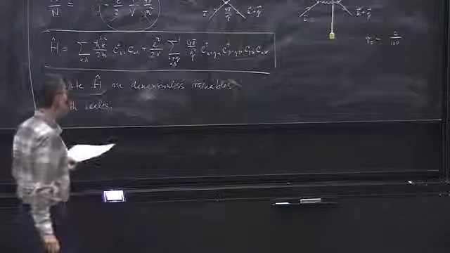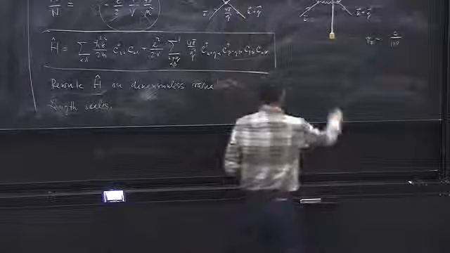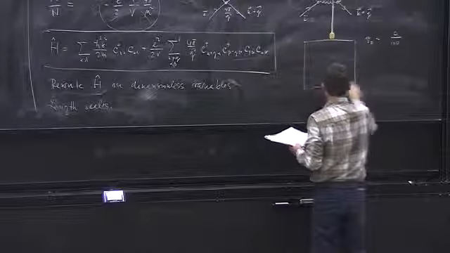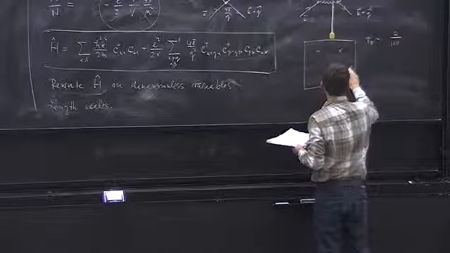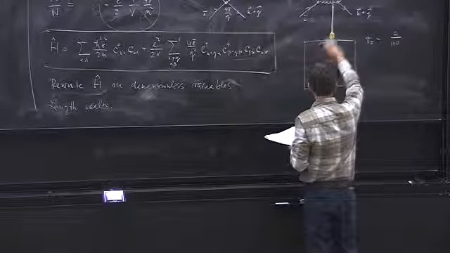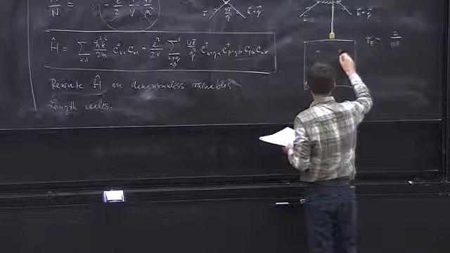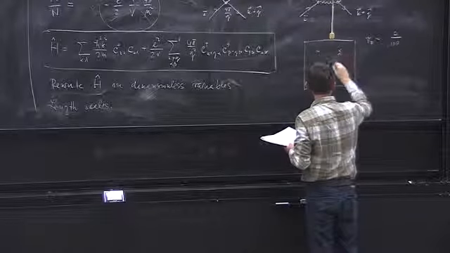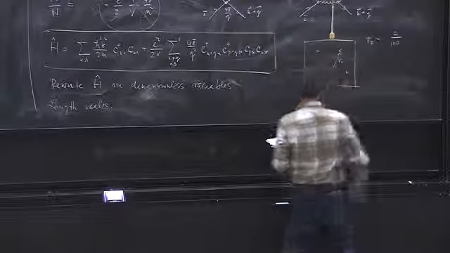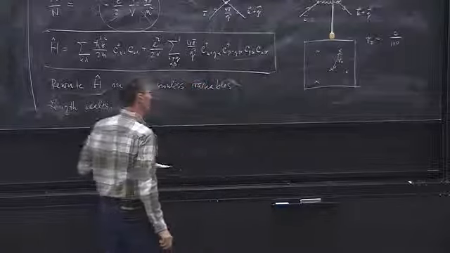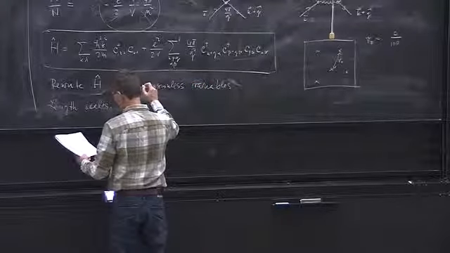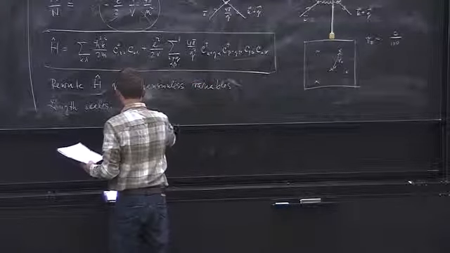There are two obvious length scales in the system. Remember, we have a jellium model. We have a bunch of electrons on the positive background. One typical length scale would be the typical spacing between electrons, which we call R0.